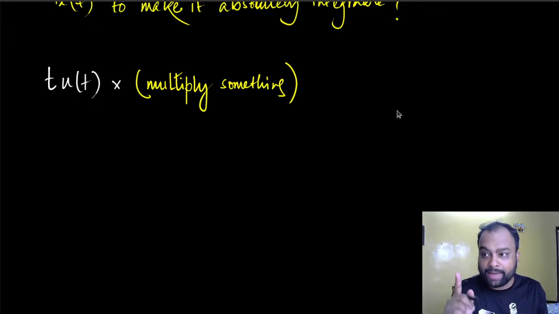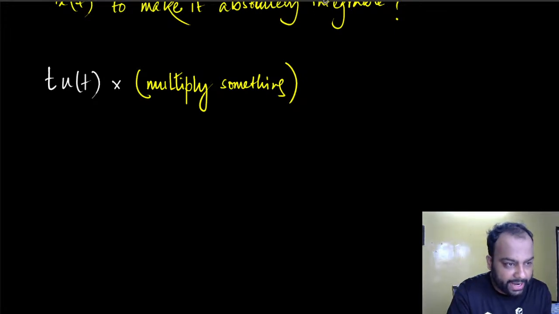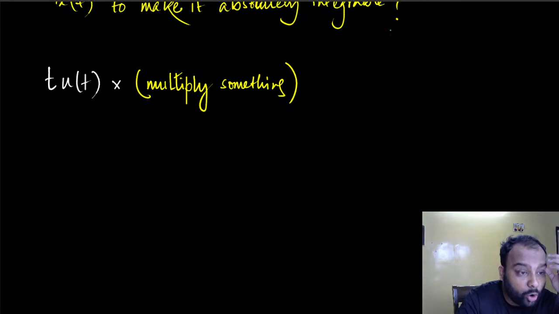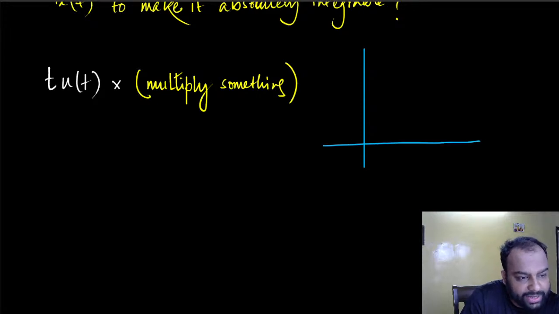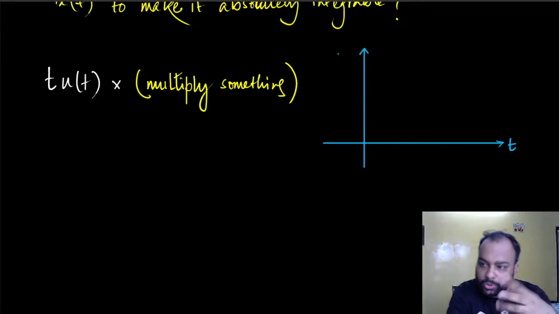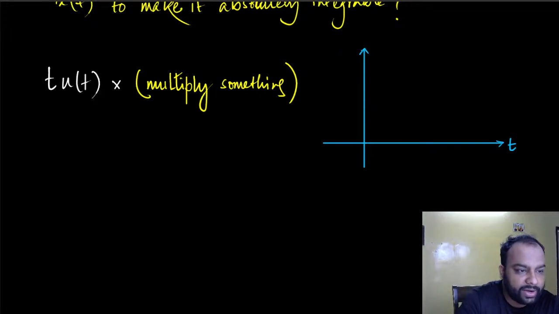I am going to tell you how you ensure that. Let's go back and look at the signal. The signal we are dealing with right now is a ramp. So ramp would be the best example, and I would encourage you to do the same thing for the exponential. So this is the ramp signal.